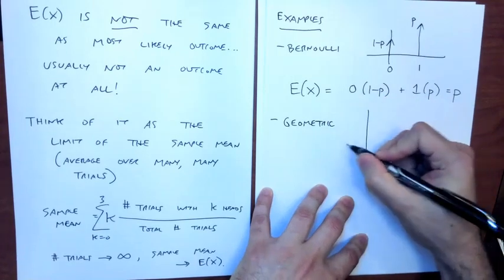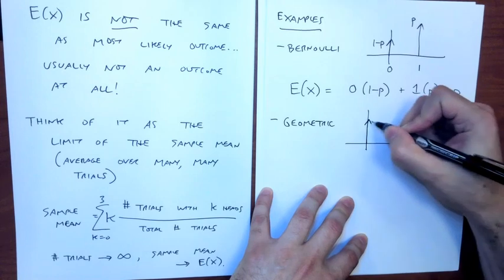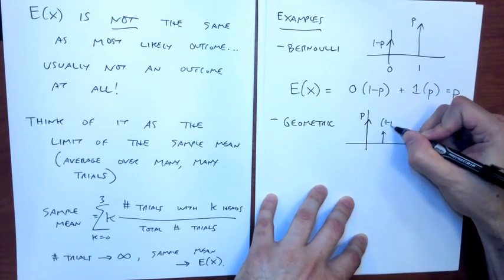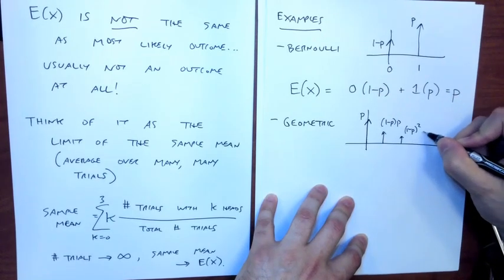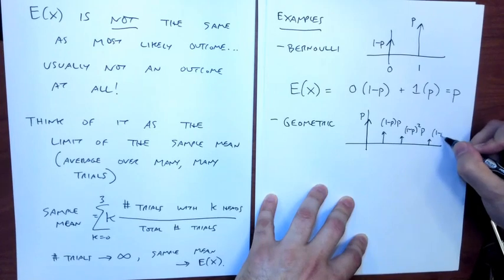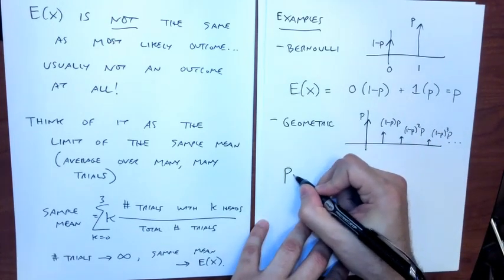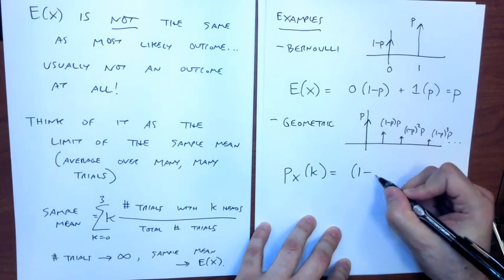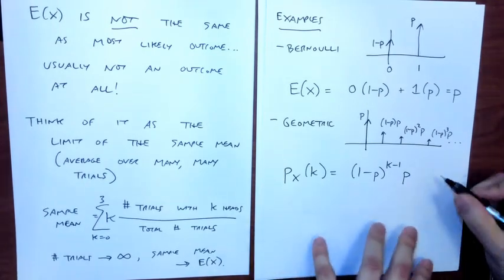Right, so a geometric random variable looks something like this, where I have a p chance of succeeding on every successive flip, and so on, right? This is the one that we were talking about on the last homework. Let's remember that the PDF of this is basically that I have to fail k minus 1 times and succeed on the kth try.